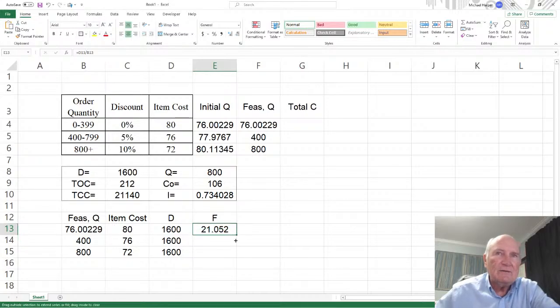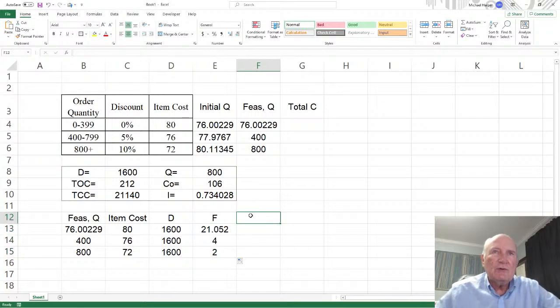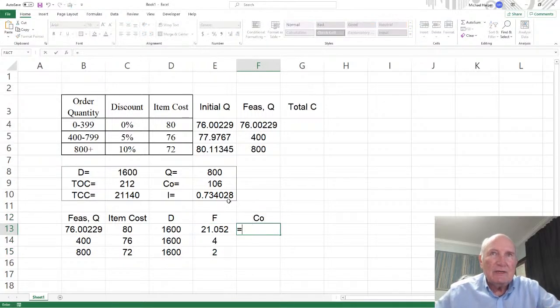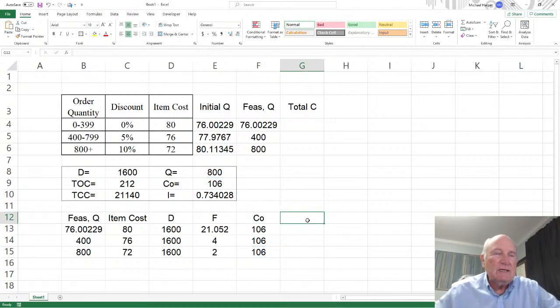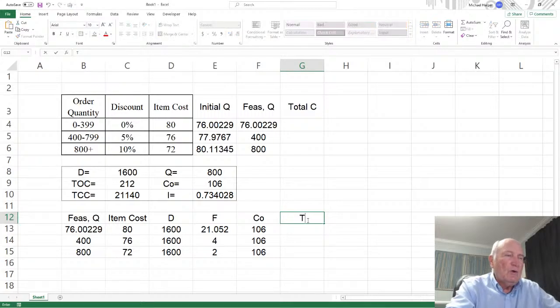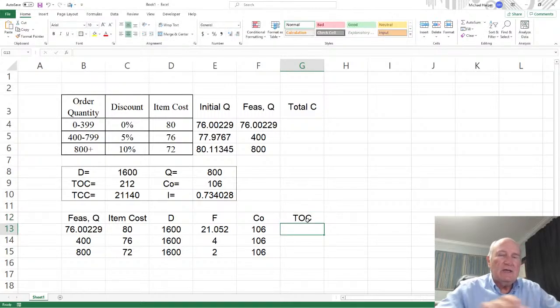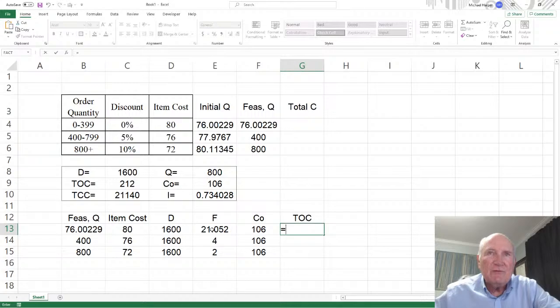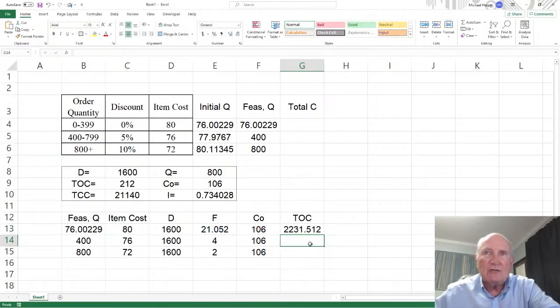Then copy this down. So here's my unit ordering cost. And that's simply going to equal 106. Now my total ordering cost equals my frequency times my unit ordering cost. And here it comes.